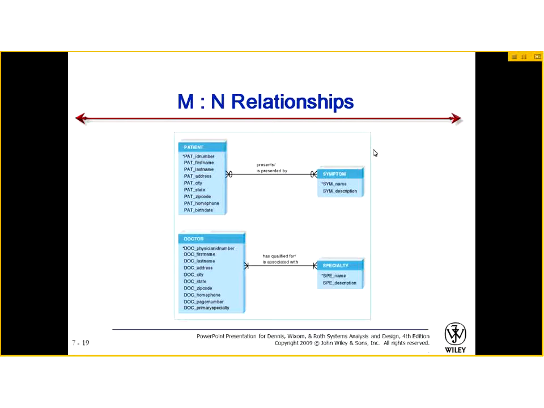So you can represent multiple relationships in this way. For example, if you see the upper diagram, you can see patient and symptom. Here this small circle is indicating modality.